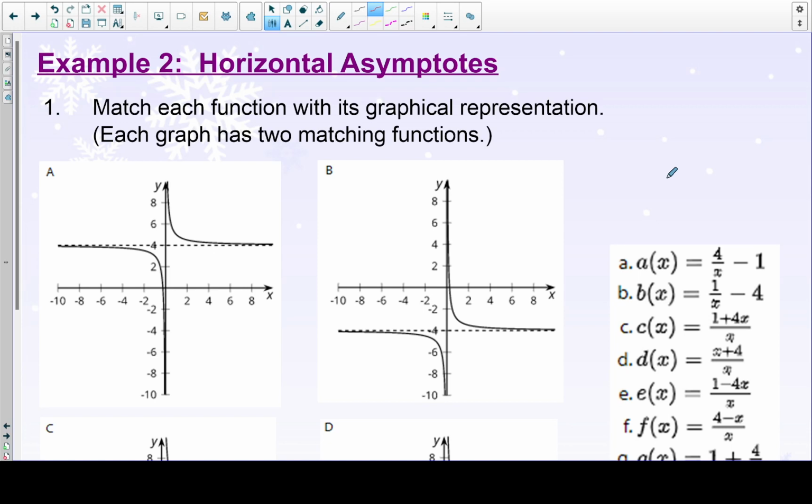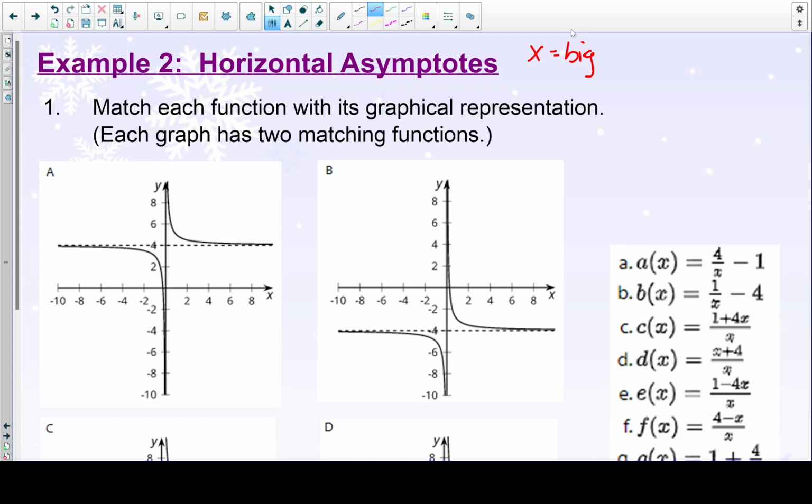For all of these functions, what we're intending to do is figure out what happens when x gets really big, either positive or negative. And so what I'm going to do in most of these situations is just say x equals big. This is kind of the way I like to do it. X is big. Now, how big is big? Big is as big as you want it to be.